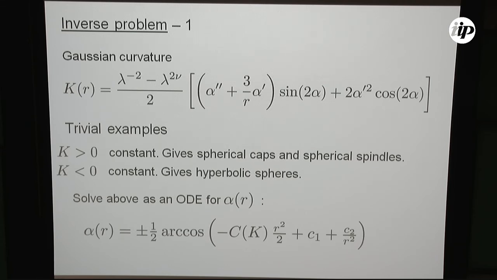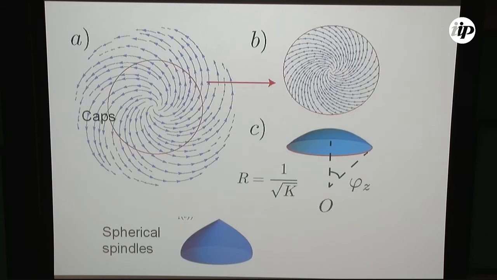They're spherical spindles, spherical caps, and pseudospheres. And this is the director variation that generates that. So that's a solution, if you like. And here is this function plotted that I just showed you, and it generates a spherical cap and a spherical spindle. And I haven't pictured the pseudospheres.